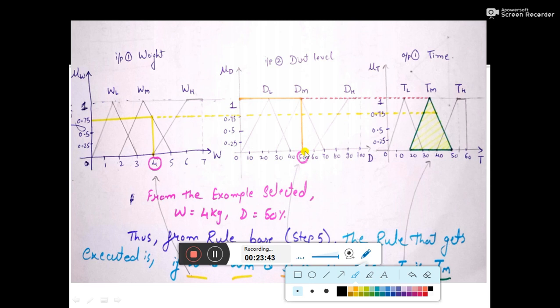But let us say, as in the second example, if it was 40%, then it would have come to something around here. From here it would have been projected like this. So in this case, the two values are 0.6 and 0.75. In that case, the highest value will be selected as your alpha cut, and only this triangle would have come into picture.